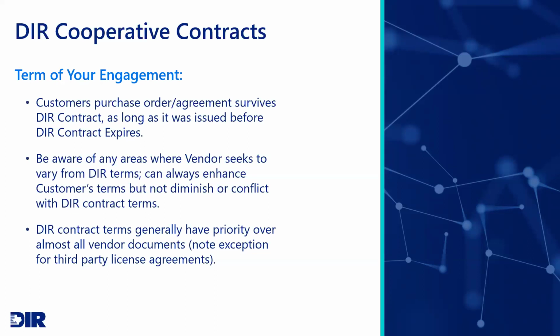So if you've got a 1-year initial term and 3 one-year renewal options to negotiate with the DIR vendor, but you see that that DIR vendor contract expires with us on November 1st, and there are no renewal options remaining, it's okay. Survivability is going to allow your order to play out in full, and that vendor will still need to keep reporting to us under their expired contracts until all of their orders are fulfilled.